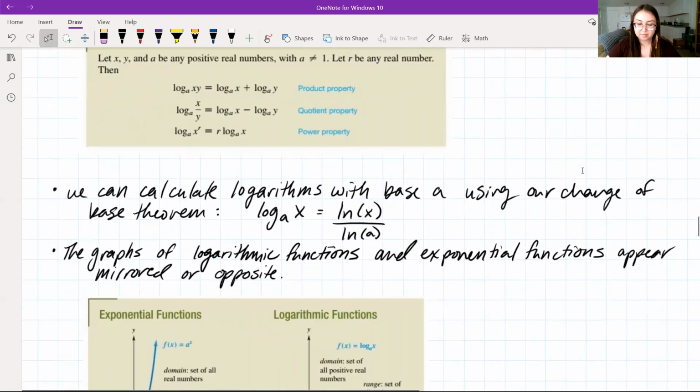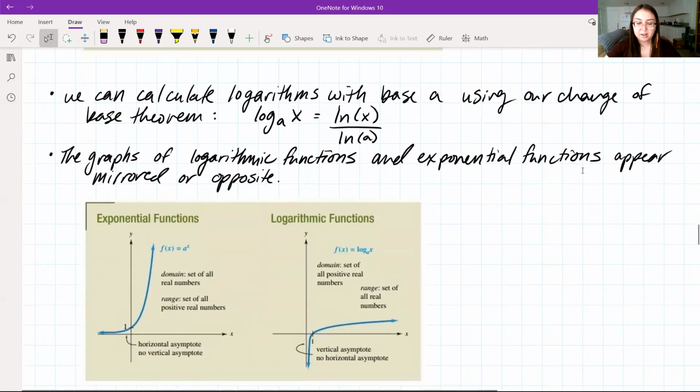So now we can also calculate logarithms with base a using our change of base theorem. We really like to use this theorem because unless you have specific types of calculators, you can't always just define a base of a logarithm. If you just type log into your calculator, it automatically assumes log base 10.